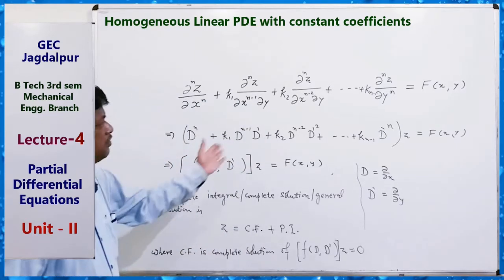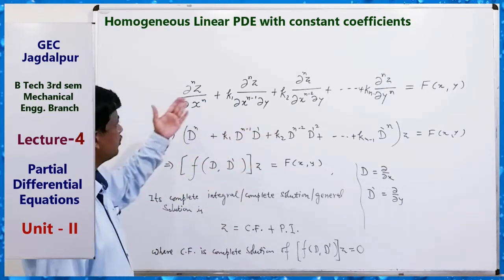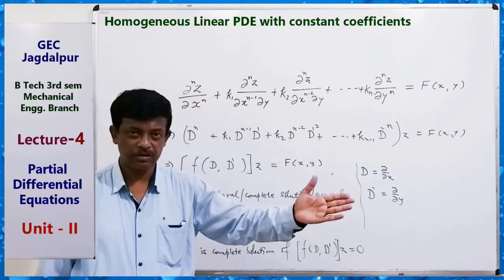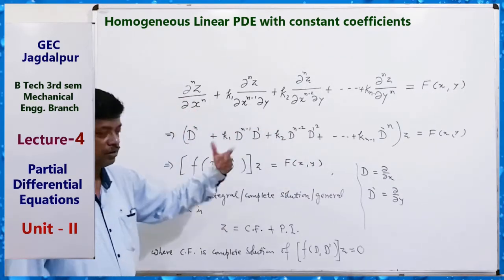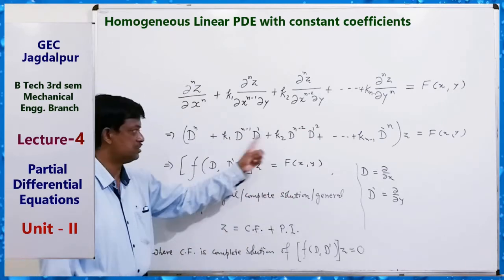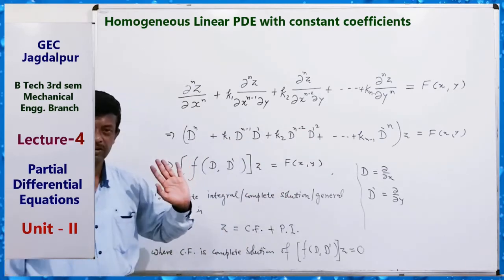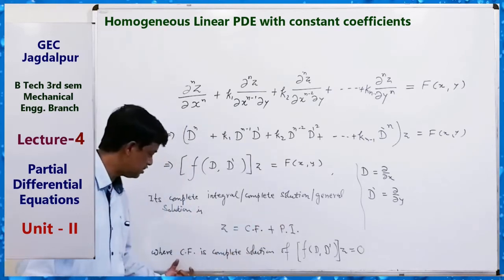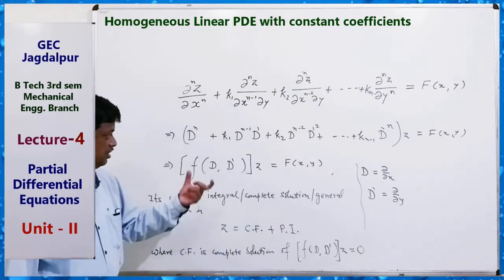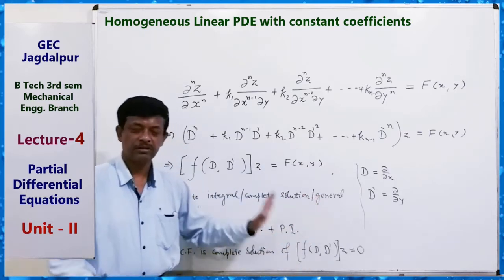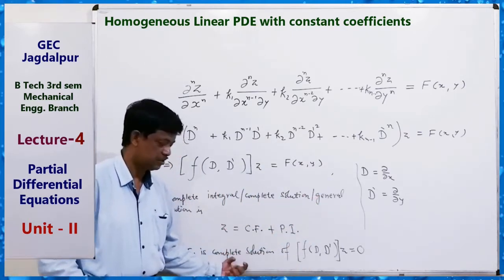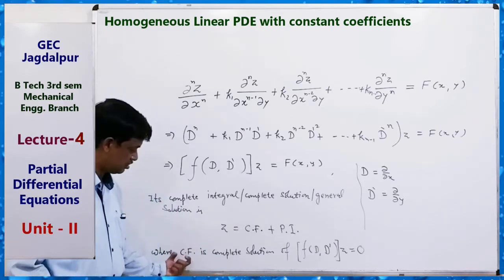Now for solving a homogeneous linear partial differential equation of higher order with constant coefficients, we are trying to find CF and PI. CF means taking the equation's right hand side 0, we have to solve and get the solution, that is called the complementary function.